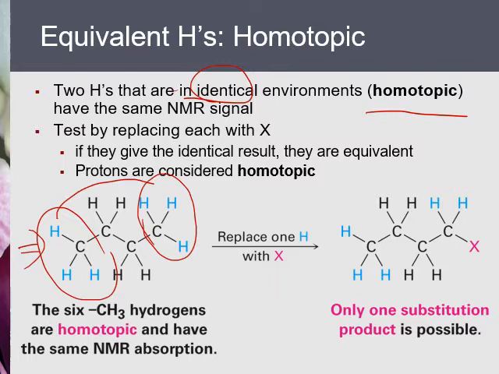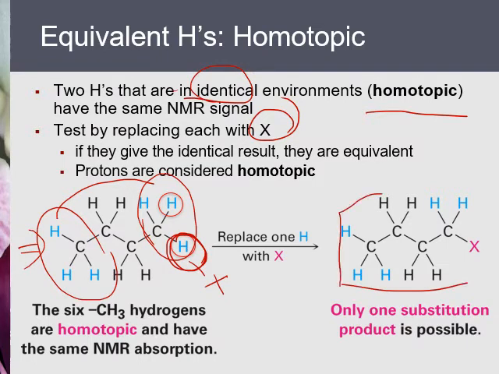Formally, we can test homotopic hydrogens by replacing each with an X. X can represent any atom. For example, let's replace this hydrogen by X, and this is the molecule. If we replace this hydrogen by X, we get a molecule like this.